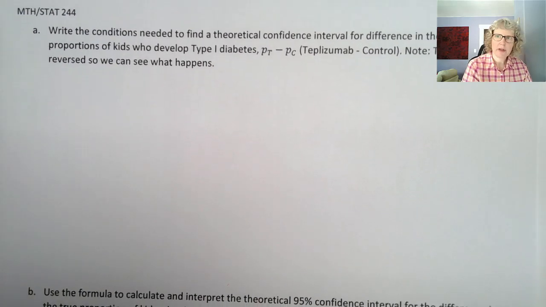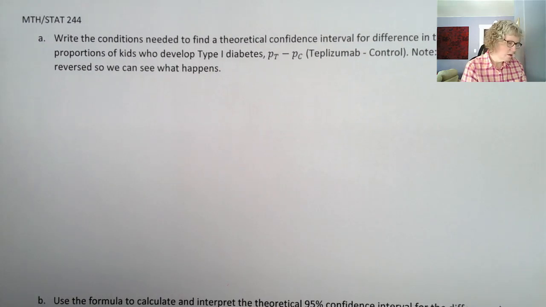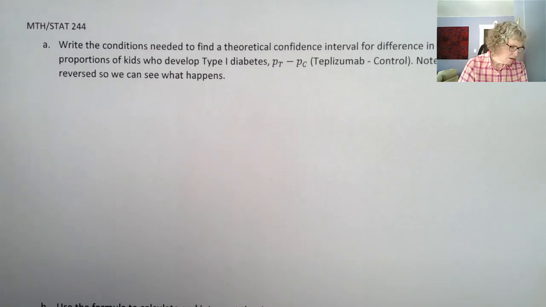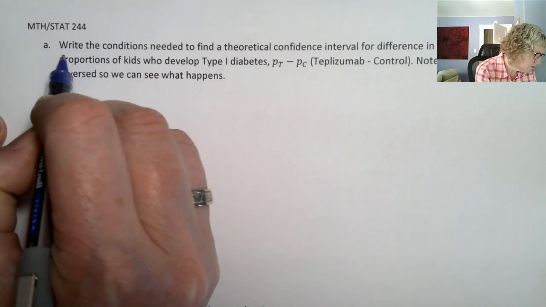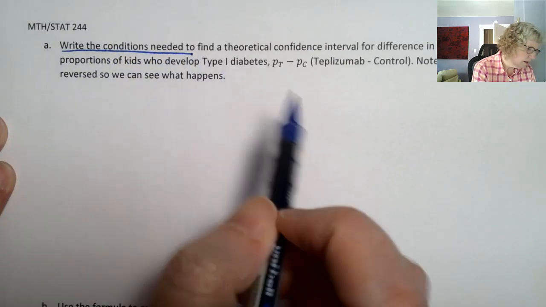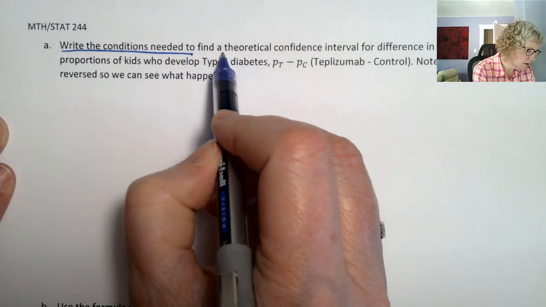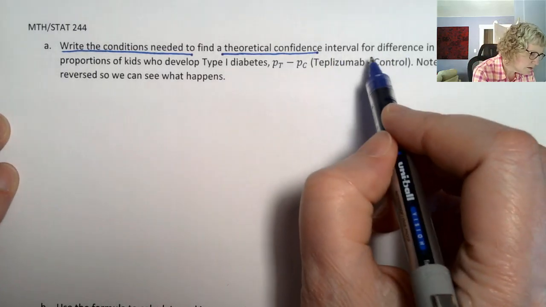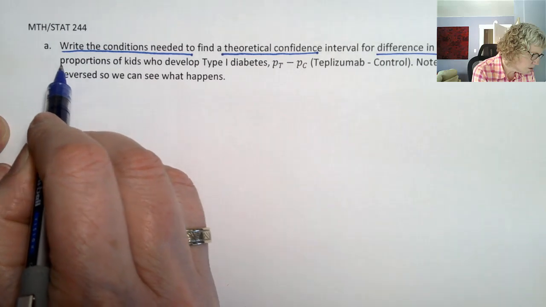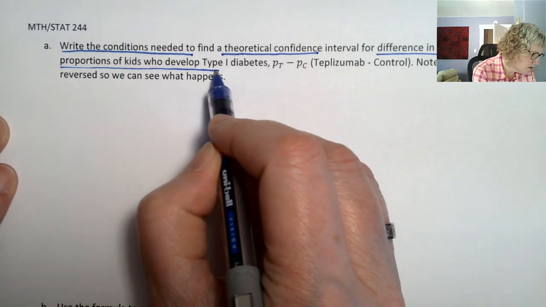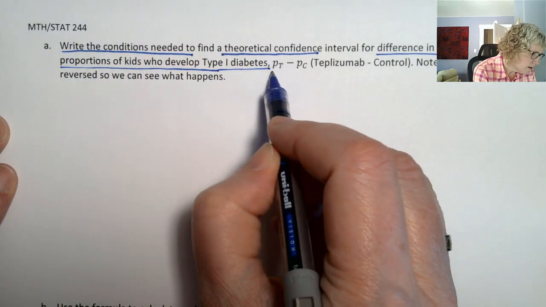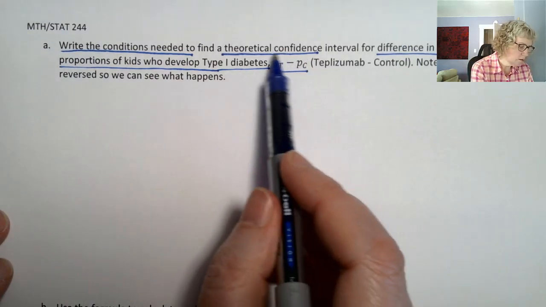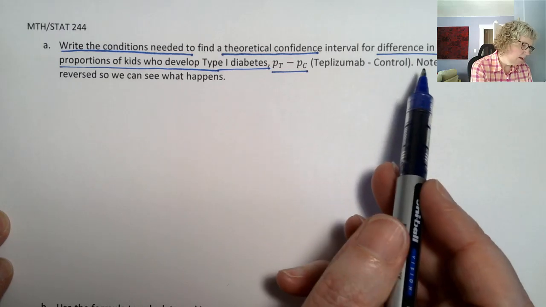I'm going to switch off of that page, but I'm going to refer to it for my conditions. Next we're going to write the conditions needed to find a theoretical confidence interval for the difference in the true proportions of kids who develop type 1 diabetes. Remember, conditions go with theoretical. That's PT minus PC, what we're trying to estimate, without the hats.